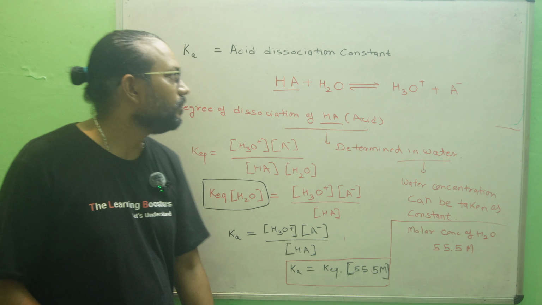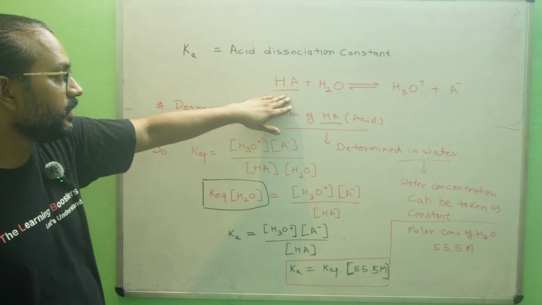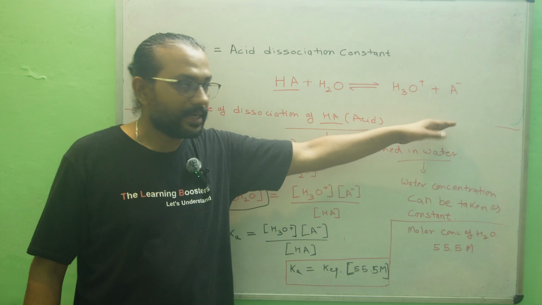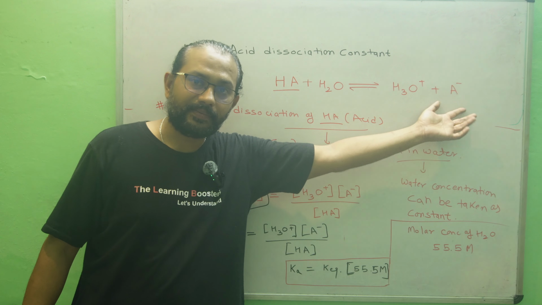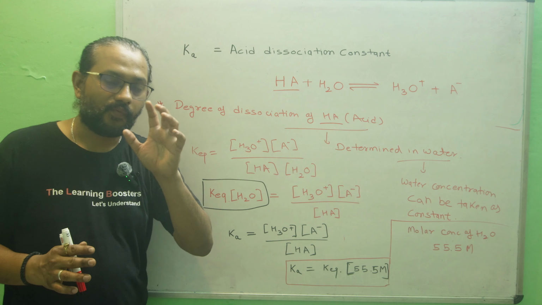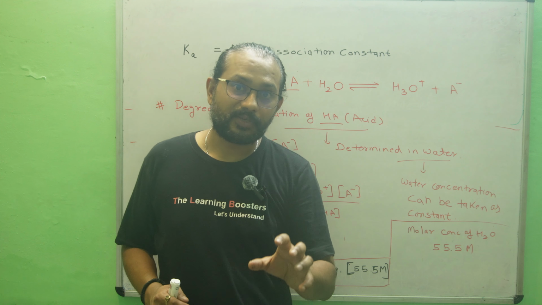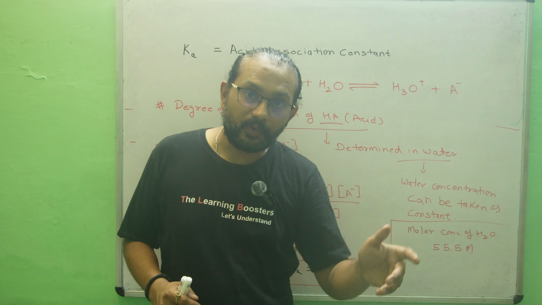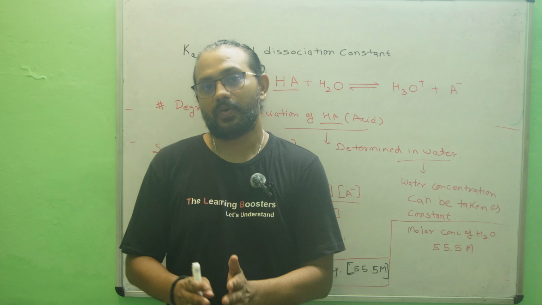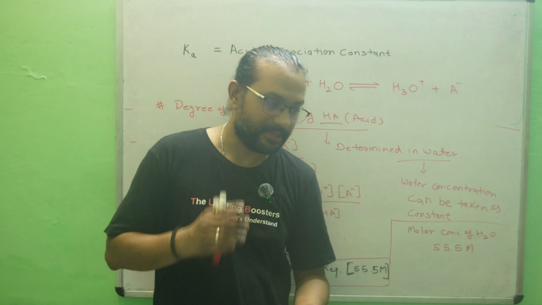Now let us understand the next term, the acid dissociation constant. When we dissolve an acid in water, it leads to formation of two species, the hydronium ion and A negative. The degree of dissociation of an acid, meaning how much is dissociated, we mostly determine in water. For example, we are taking water as a diluent to which we add an acid.